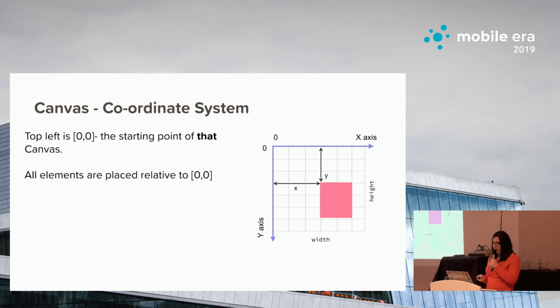And if you work with a canvas, you need to realize that everything you draw with any of the canvas drawing commands, you're drawing with pixel values and not density or DP values. So this might be a bit different from working with text views and stuff like that, where you're putting it in XML and it automatically translates to the correct pixel values on screen. You need to do that translation manually yourself.